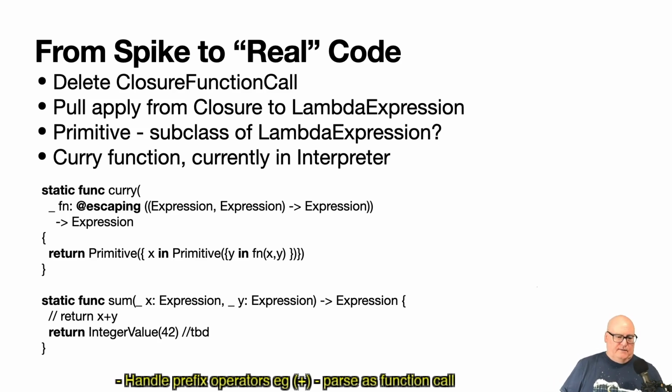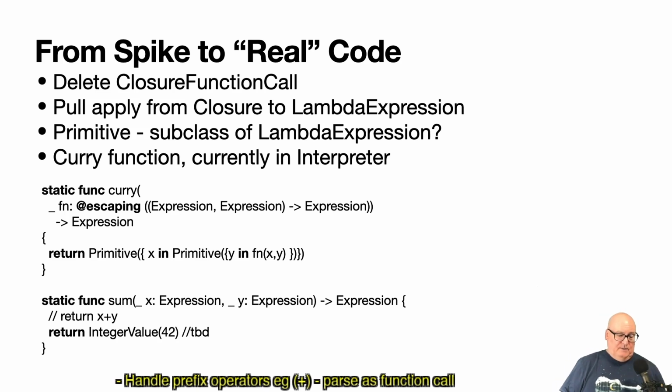So if you give this curry function a function of 2 arguments, it configures it so it's really a function of 1 argument returning a function of another argument. You can generalize this to n arguments, I guess, but we mostly need the case for 2 arguments right now. And so you're going to call curry of sum, for example.